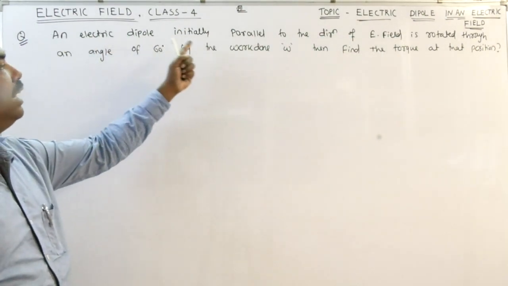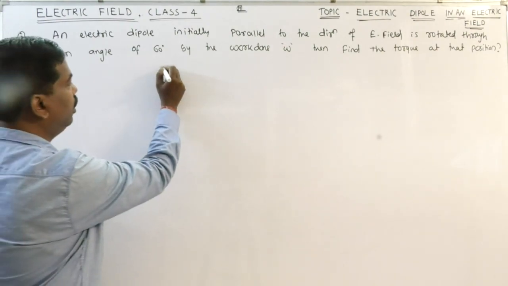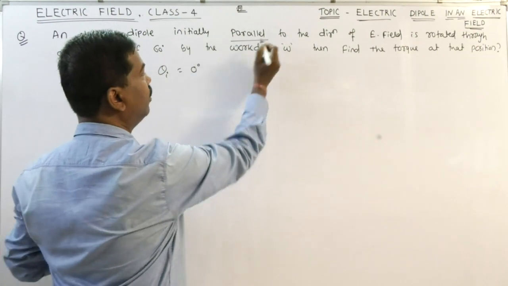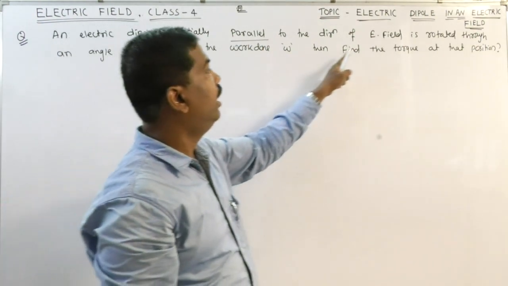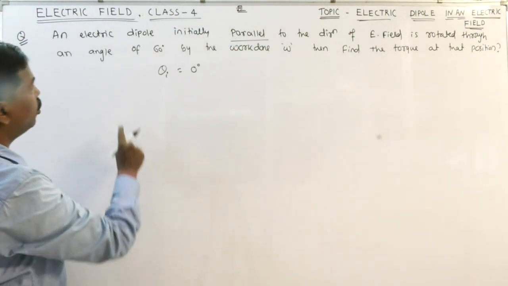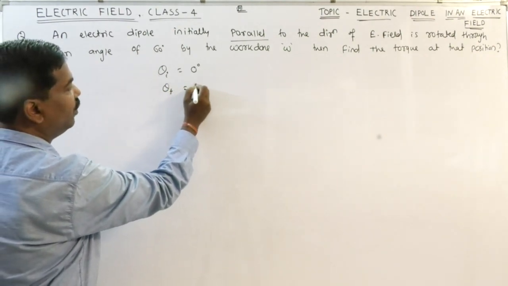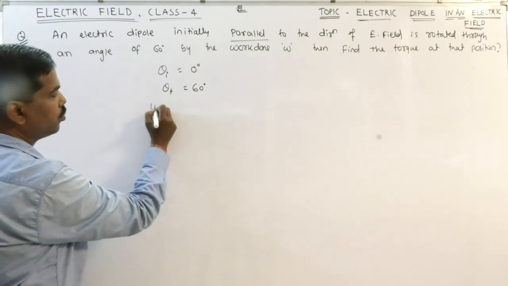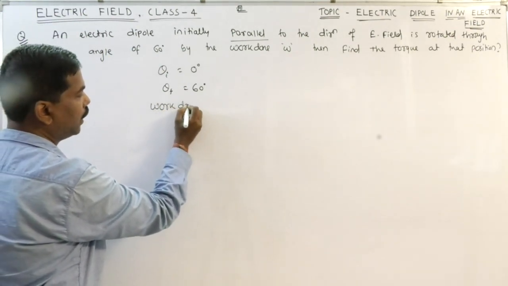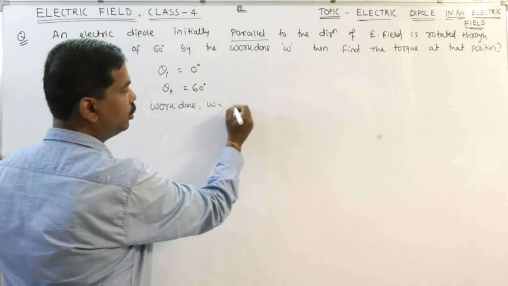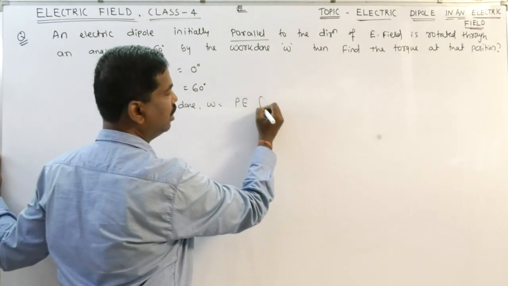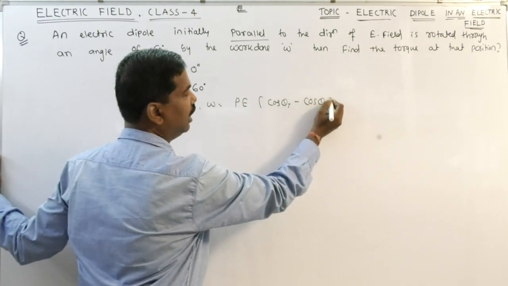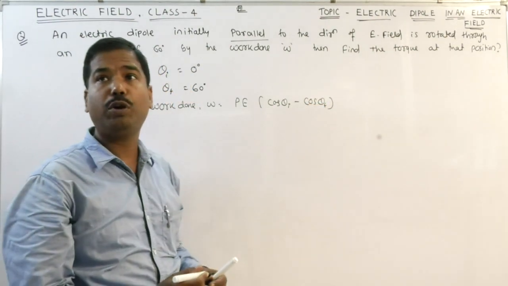Listen to me. An electric dipole initially parallel to the electric field, so theta I is 0 degree. It is rotated through an angle, so theta F is given as 60 degree. Work done is equal to PE into cos theta I minus cos theta F. This is the formula.